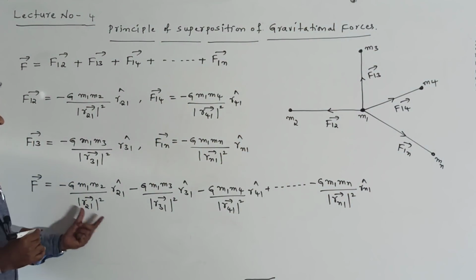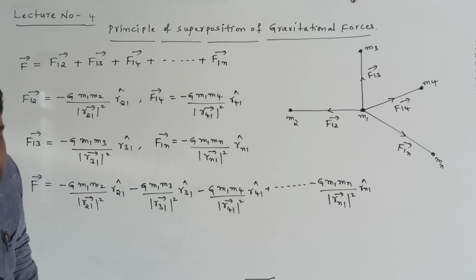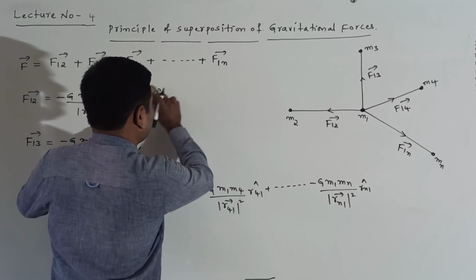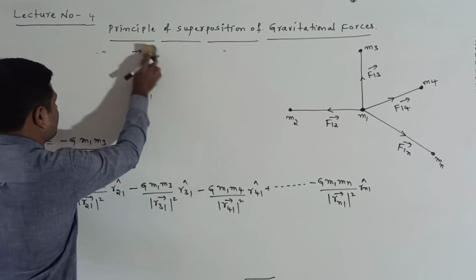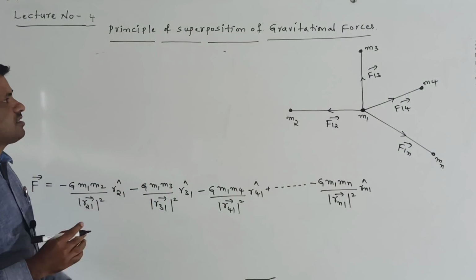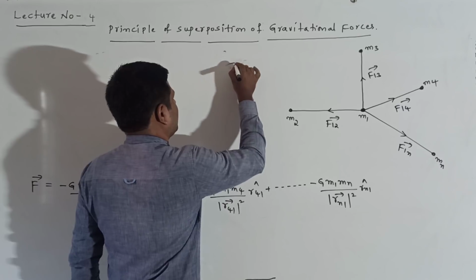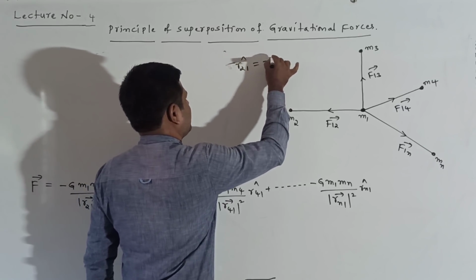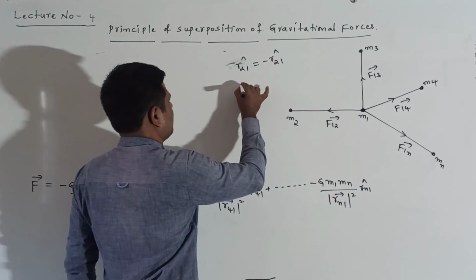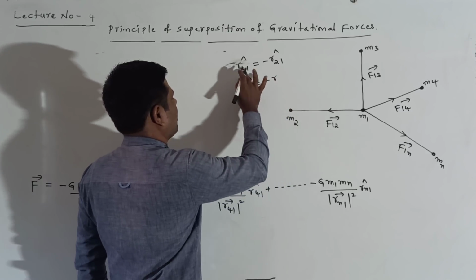Now I am changing this equation. How am I changing it? Here we already know one condition we discussed in the previous class: r12 cap is equal to minus of r21 cap, or you can write r21 cap is equal to minus of r12 cap.